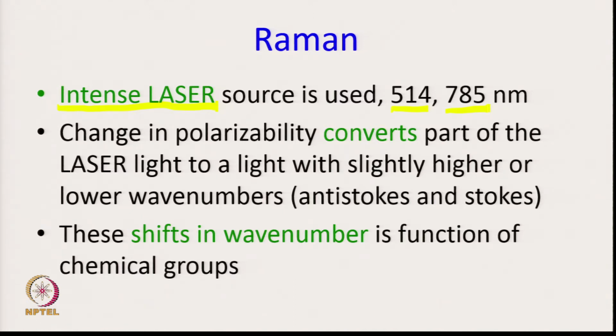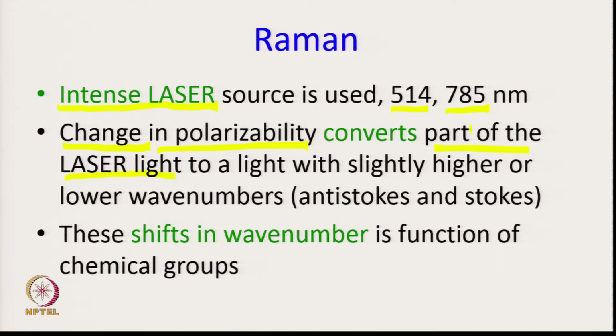So, usually 514 or 785 nanometer kind of lasers are used, and then as I said to you before, the change in polarizability should happen. So, if the molecule on vibration is changing its polarizability, then it converts part of the laser light.